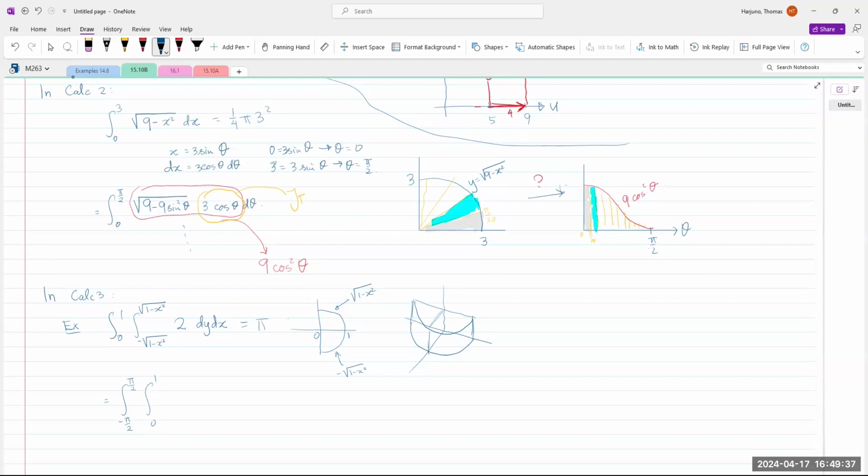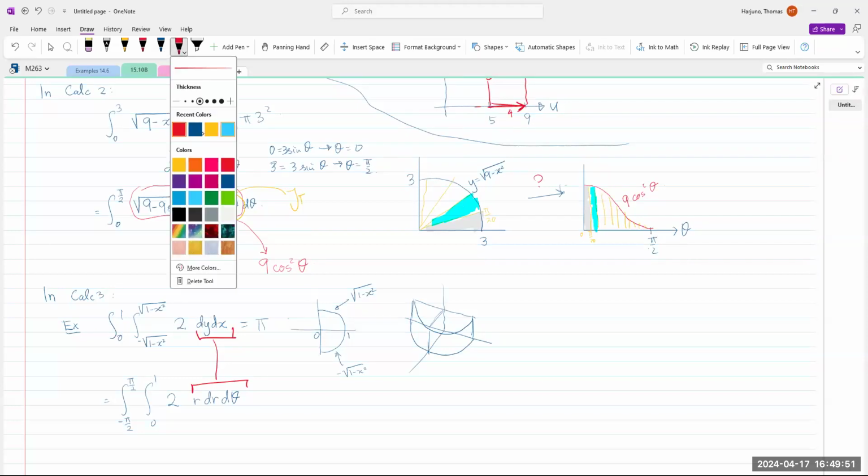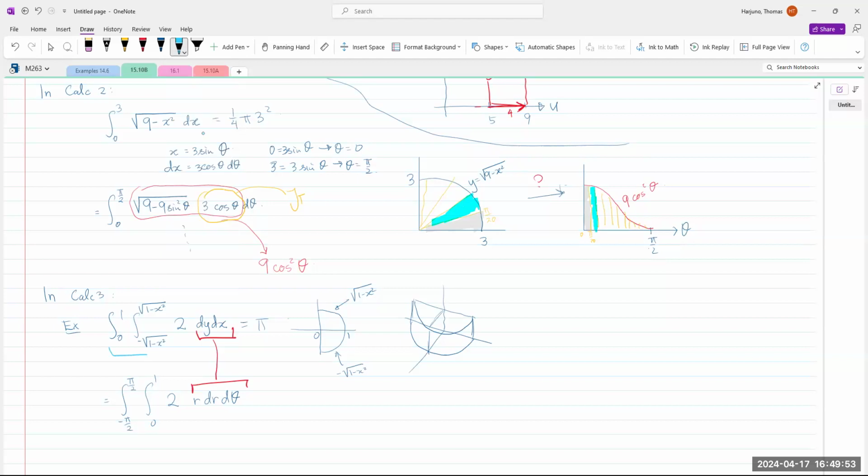The height is 2 r dr d theta. That's how we did it before, right? So this guy becomes this guy. Remember that? And the domain of integration, which is originally a semi-disk, now becomes a rectangle.